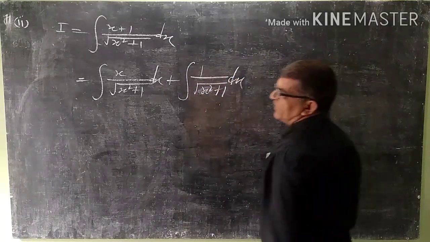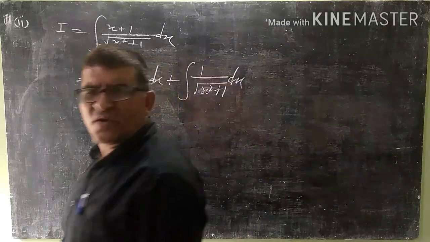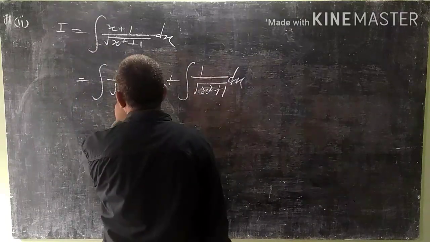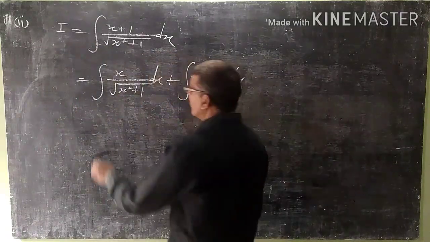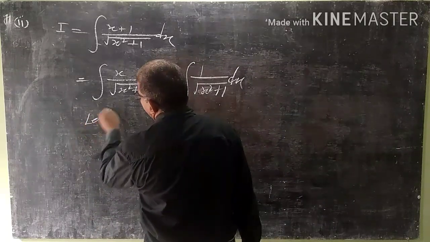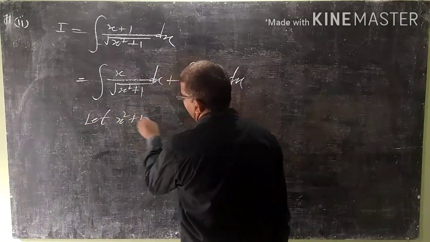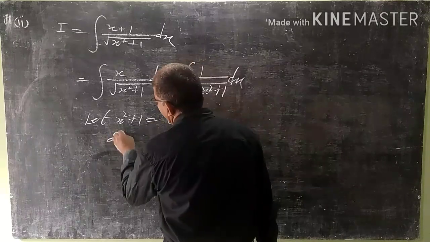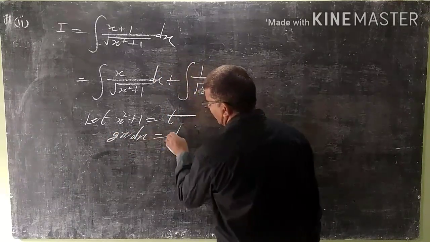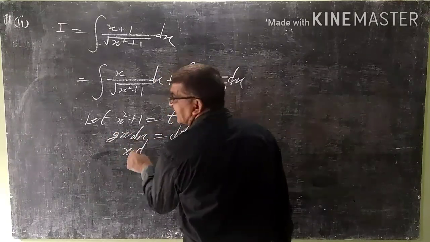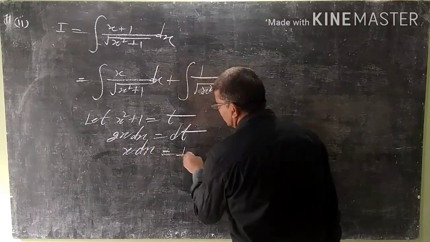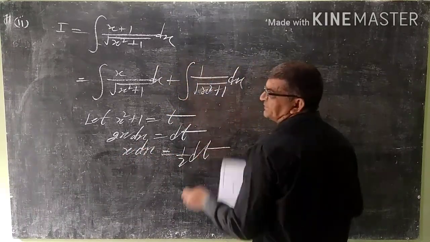This is the standard form. You can apply the formula, and now here we can put, let x square plus 1 equal to t, 2x dx equal to dt, x dx equal to 1 by 2 dt.